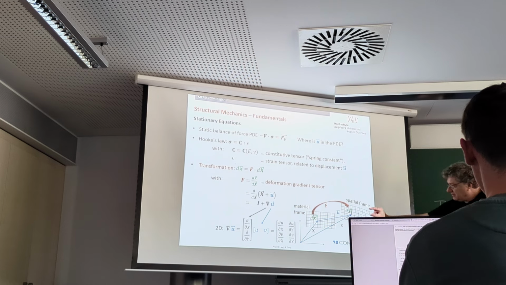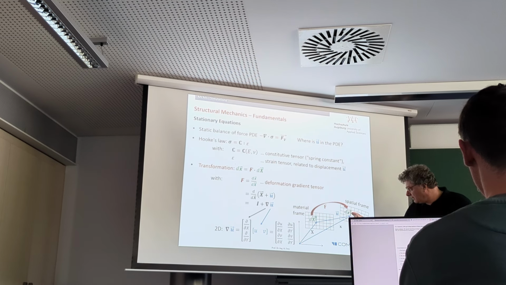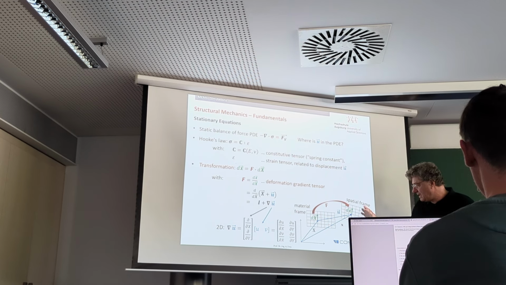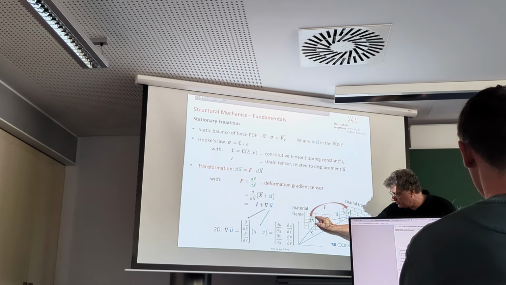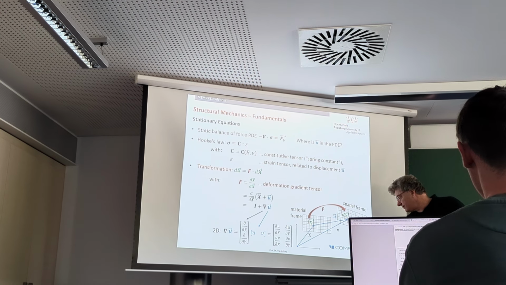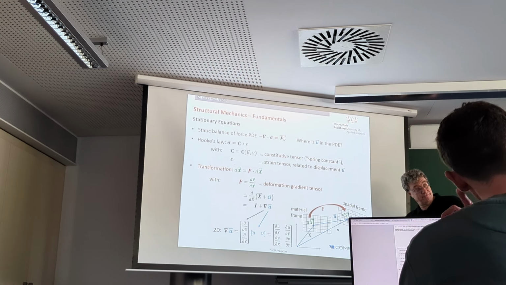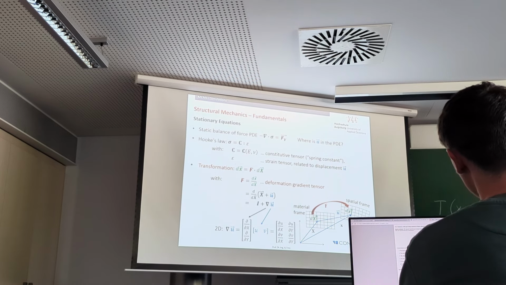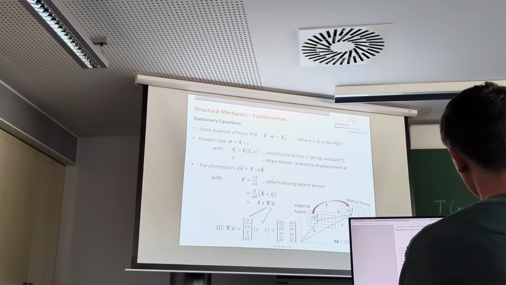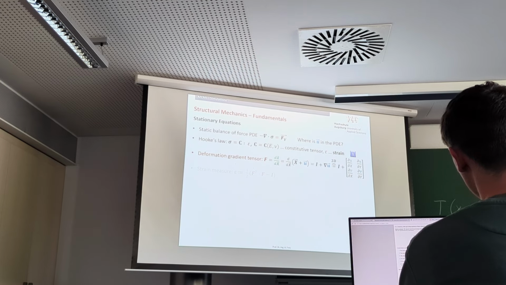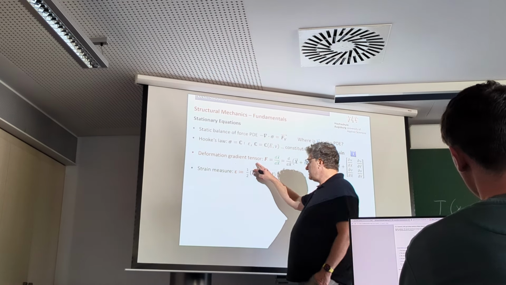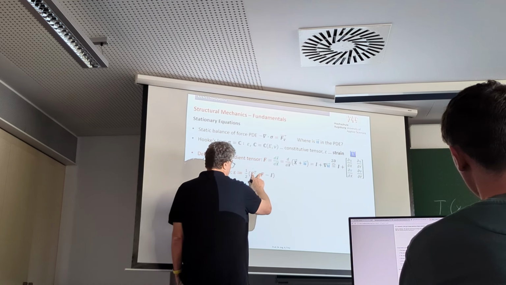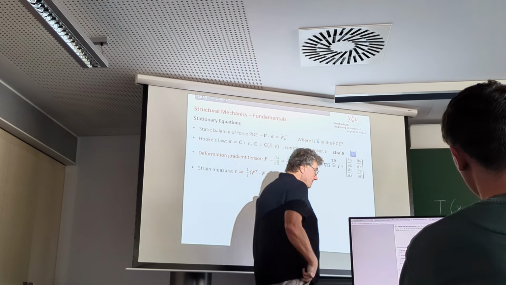If that element is moved around but didn't change its length, there is a displacement, but there should not be a strain. And that is the reason why we use a combination of the deformation gradient which looks like this.